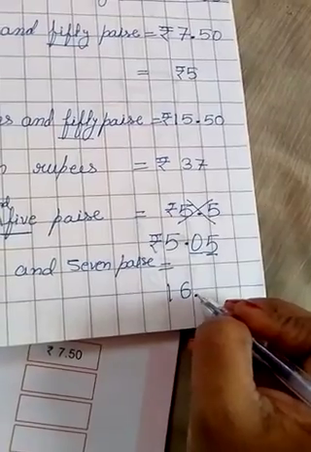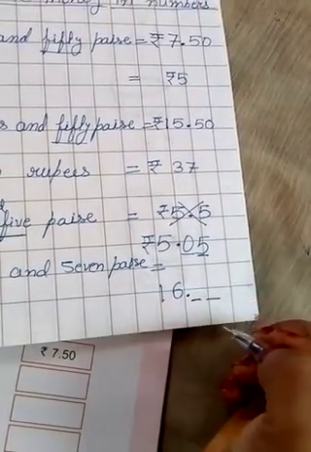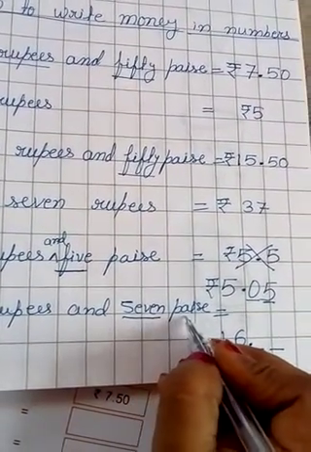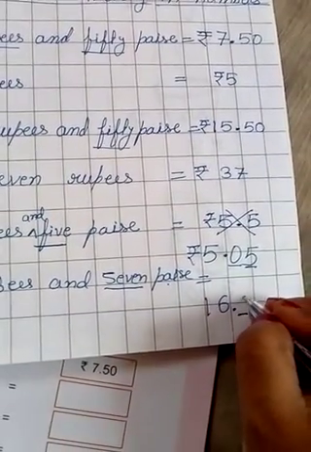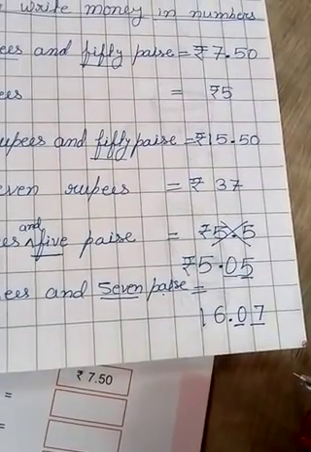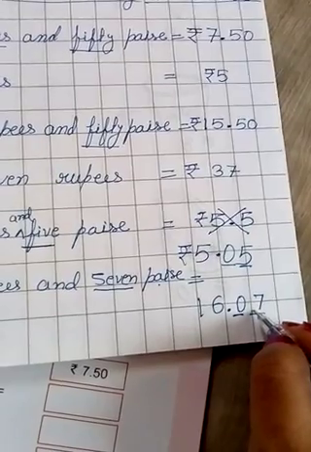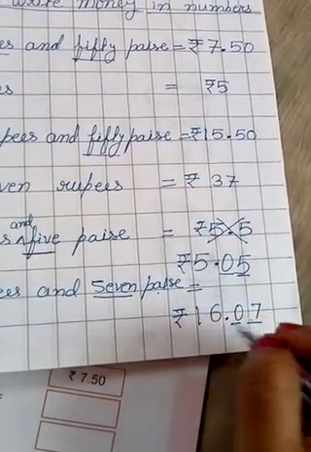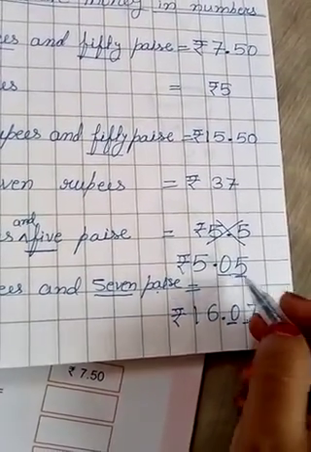After the point we always write the numbers in 2 digits. So here we have to write down 7 paise. We will not write only 7, here we will write down 07. Now we will read it as 16 rupees and 7 paise in words, and in numbers we will write it this way. Okay children, so always be careful about this.